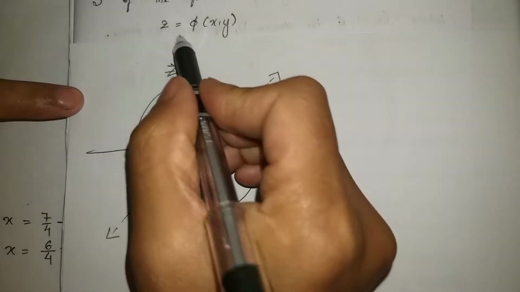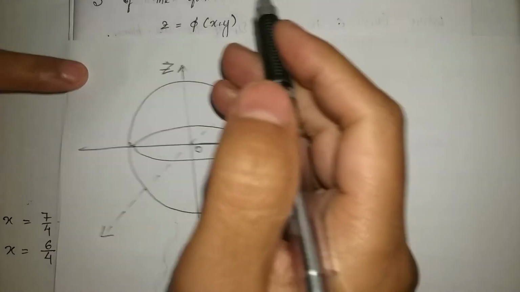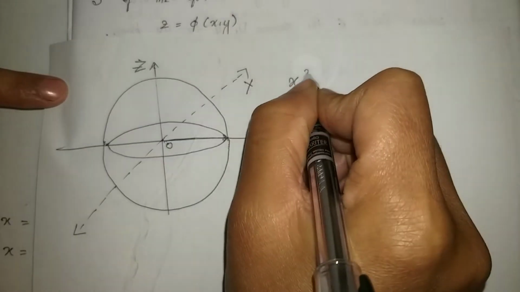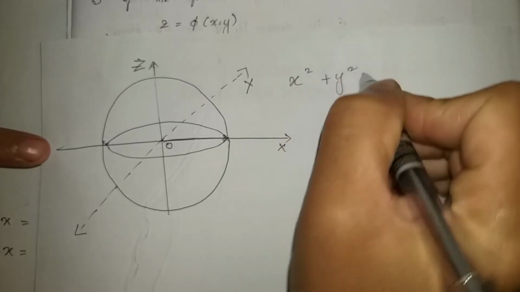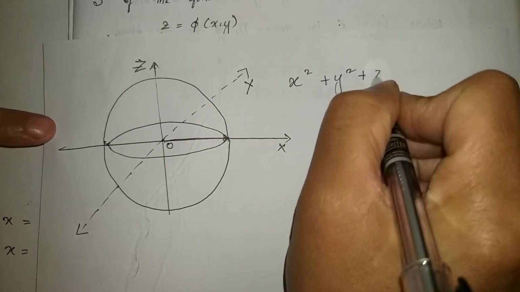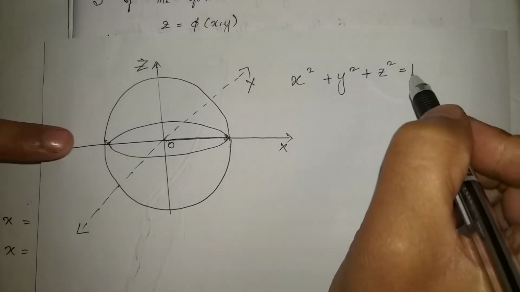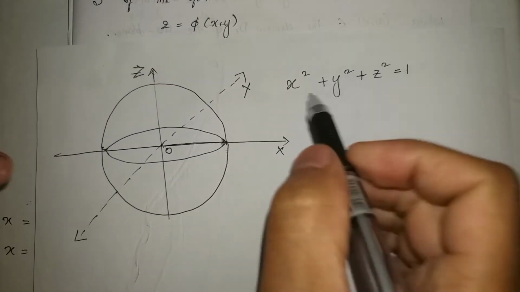Now, what will be this equation? A unit sphere, remember, it is x square plus y square plus z square equal to 1 square, where 1 is the radius.